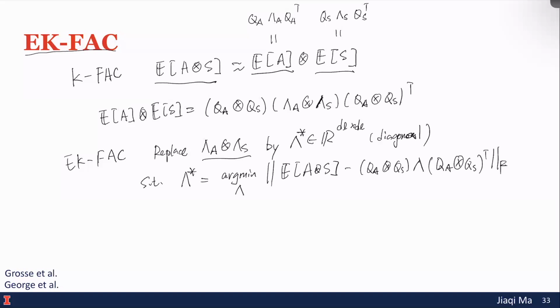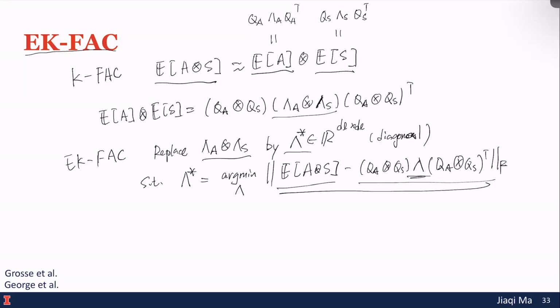So lambda star is the lambda that minimizes this difference to the original quantity we want to approximate, right? So when we replace this thing with lambda star, it will lead to a better approximation. That's why it's called eigenvalue corrected K-FAC, so EK-FAC.